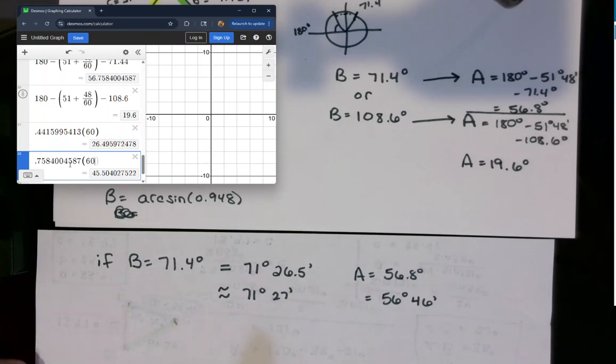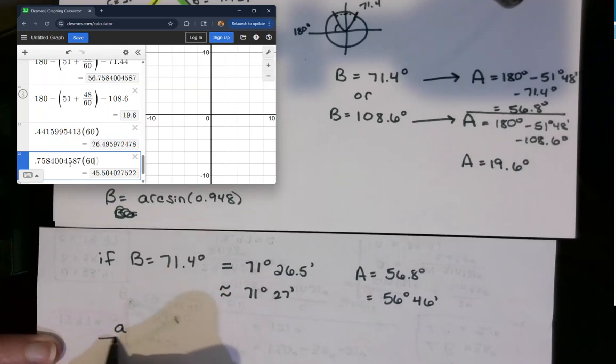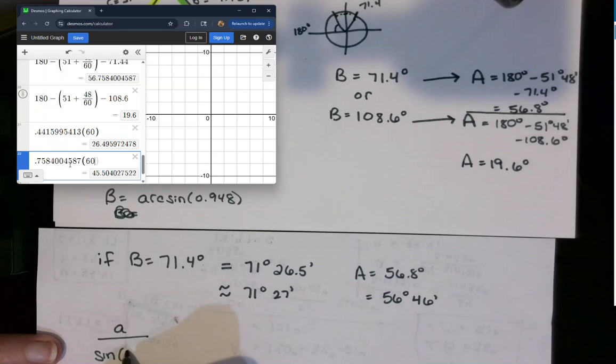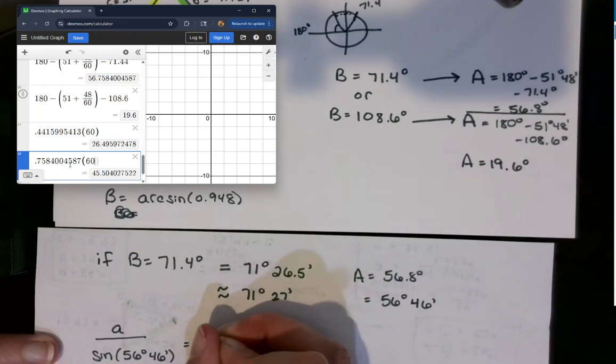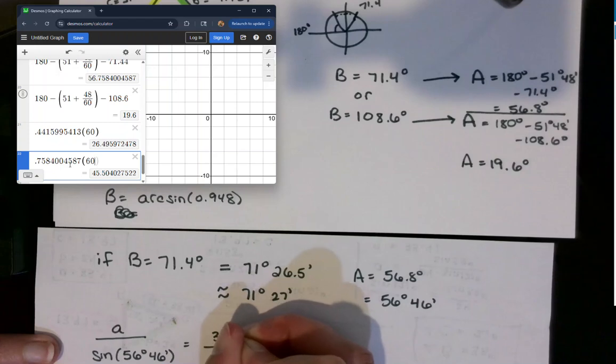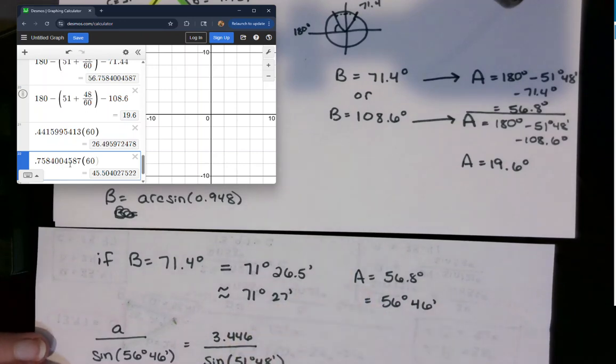We're looking for now side little a. So side little a will be over the sine of 56 degrees, 46 minutes. And since I knew the full C pairing, let's go for side C of 3.446 over the sine of C, which is 51 degrees, 48 minutes.